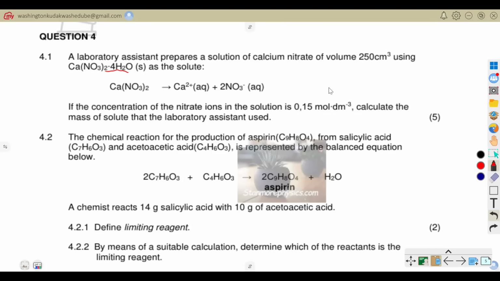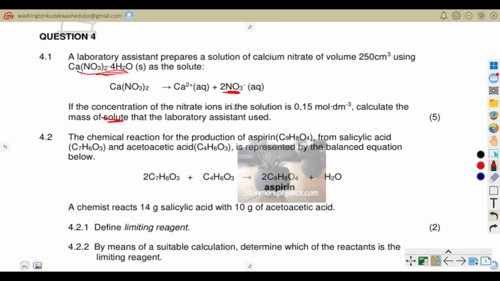Good people, let's reread this question and follow exactly what they are saying. They want us to calculate the mass of the solute. And which one is our solute? This hydrated calcium nitrate. However, the information that we are given is for nitrate ions. So how do we end up here?